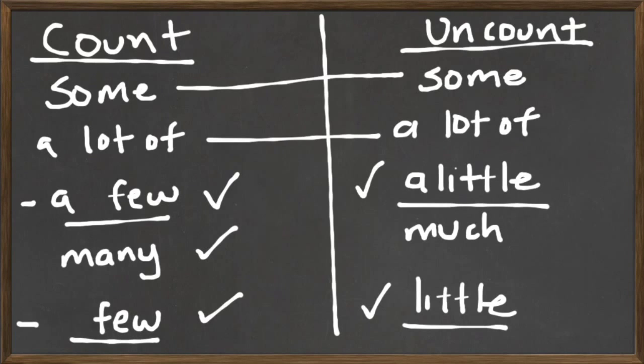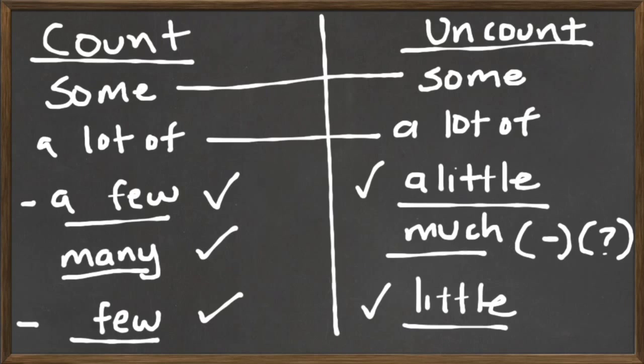And for large quantities, we have many for countable nouns and much for uncountable nouns. However, I need to mention that much is only for negative sentences and for making questions. I will give you an example later on so that you can see how we use much.